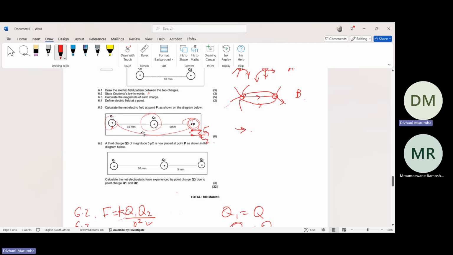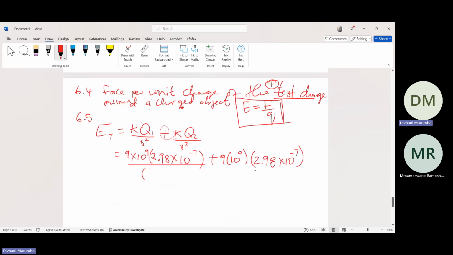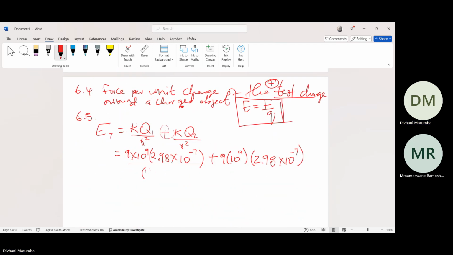How much is it? It's going to be 0.01 plus 0.01. You said plus. No problem.